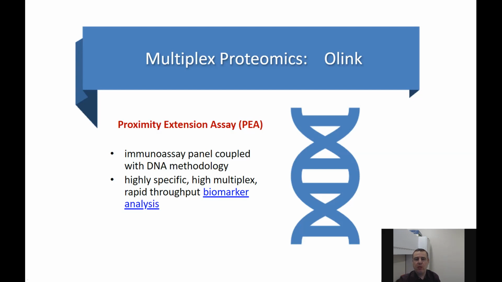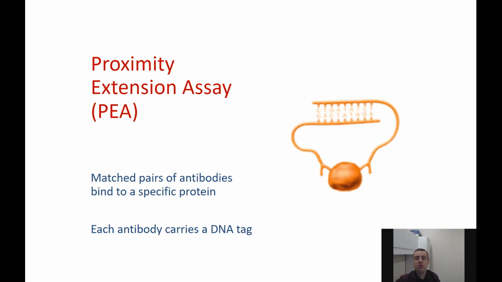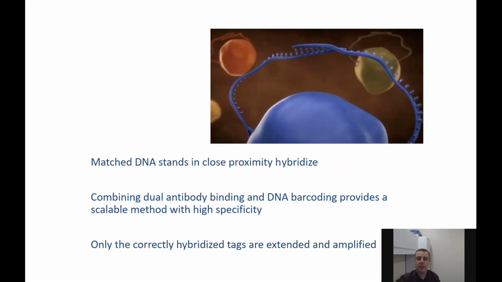Dale has already shown you an introduction to the multiplex proteomics using the Olink method. The proximity extension assay is an immunoassay panel that's coupled with DNA methodology. It's a highly specific, high multiplex, rapid throughput biomarker analysis, which uses matched pairs of antibodies which bind to a specific protein, and each antibody carries a DNA tag.